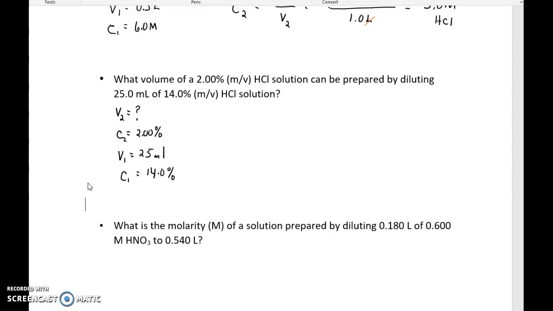Okay, so we can do this problem the same way. C1 V1 equals C2 V2. This time we don't know V2, so V2 is going to be equal to C1 V1 over C2. And so concentration 1 was 14%, so we'll put that in. Volume 1 is 25 milliliters.